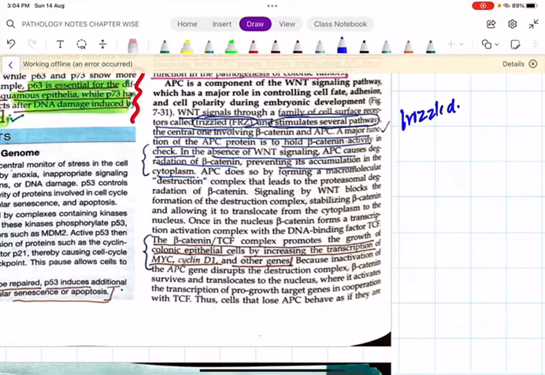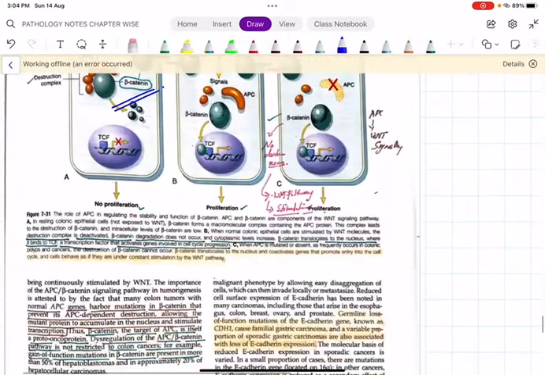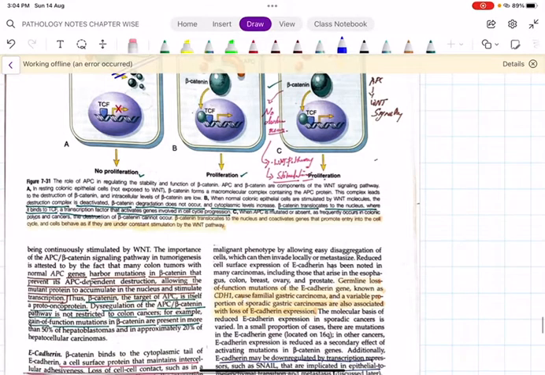And the beta catenin TCF, which is another DNA binding factor, will promote the growth of colonic epithelial cells. So whenever there is the loss of this APC, what will happen? The cell will be continuously stimulated by WNT. When the WNT signaling pathway is stimulated, if APC is normal, it will control the activity of beta catenin, so beta catenin does not accumulate within the cell.